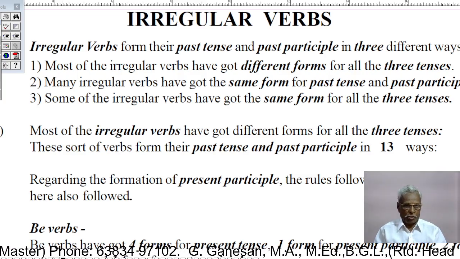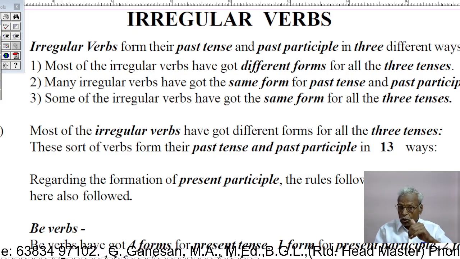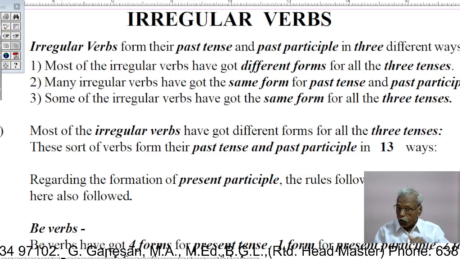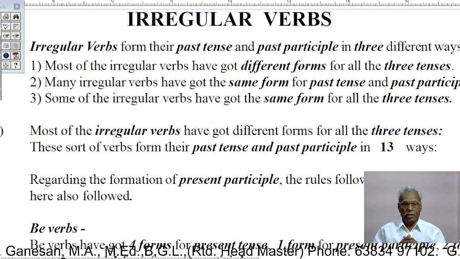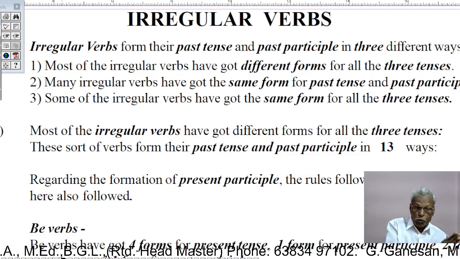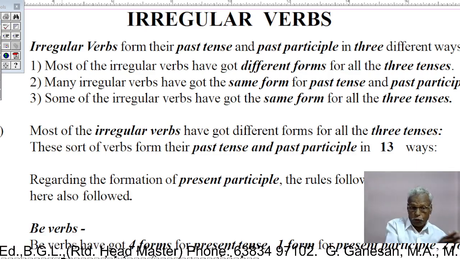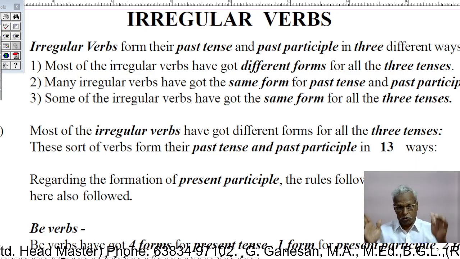Regarding the formation of present participle, the rules which were followed by the regular verbs are also followed here. The same rules which regular verbs follow to form the present participle are followed by the irregular verbs also.